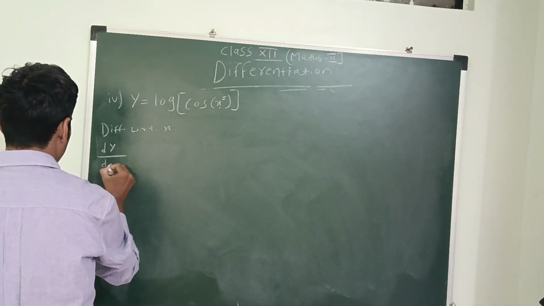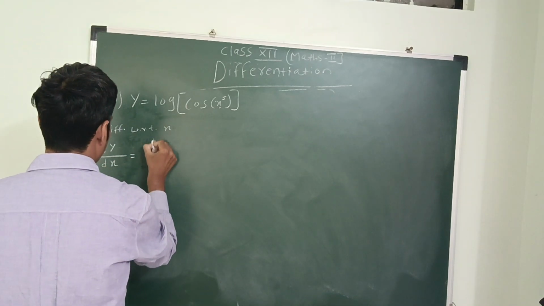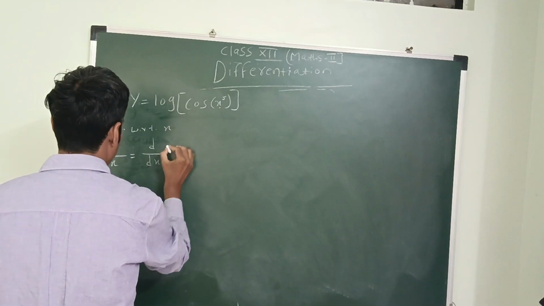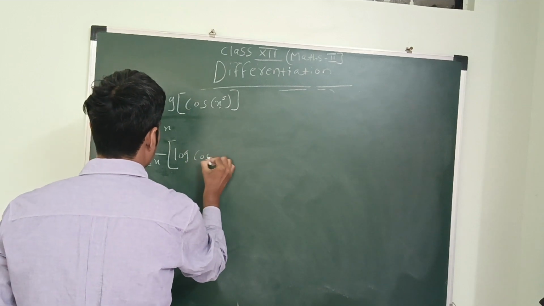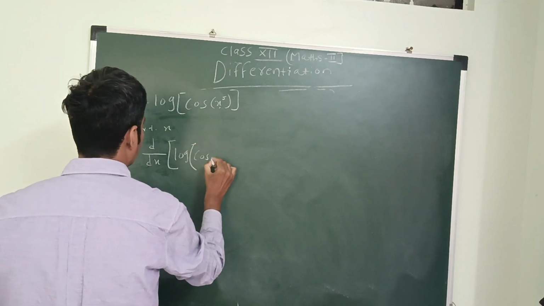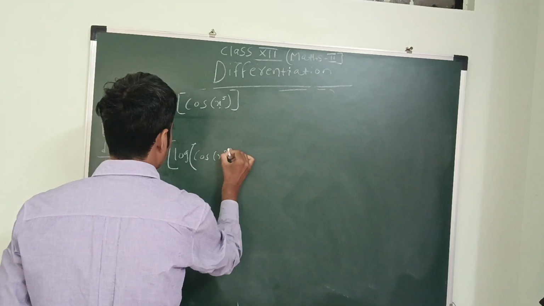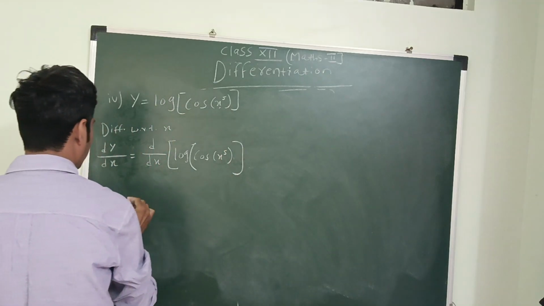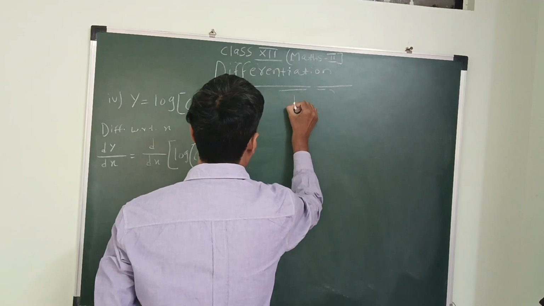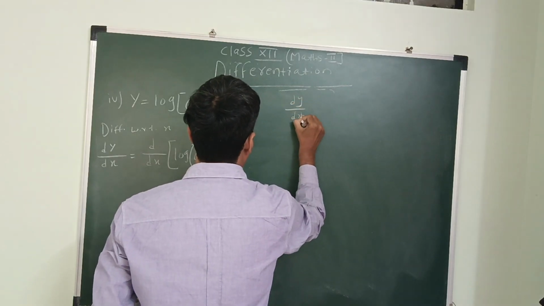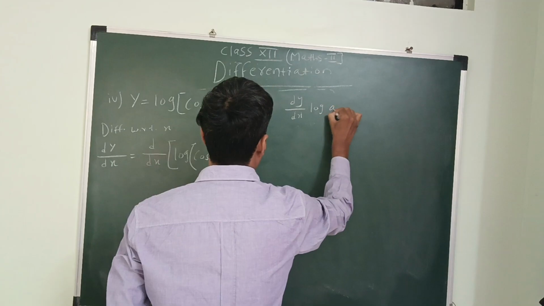dy by dx is equal to d by dx of log cos x raised to 5. Now what is the derivative for log a?